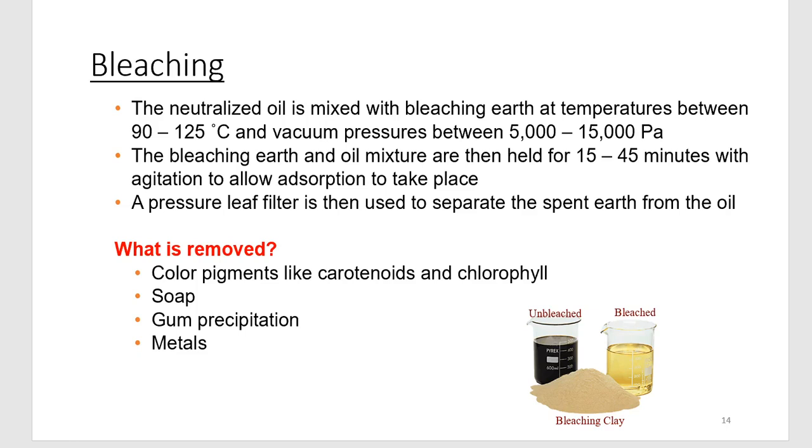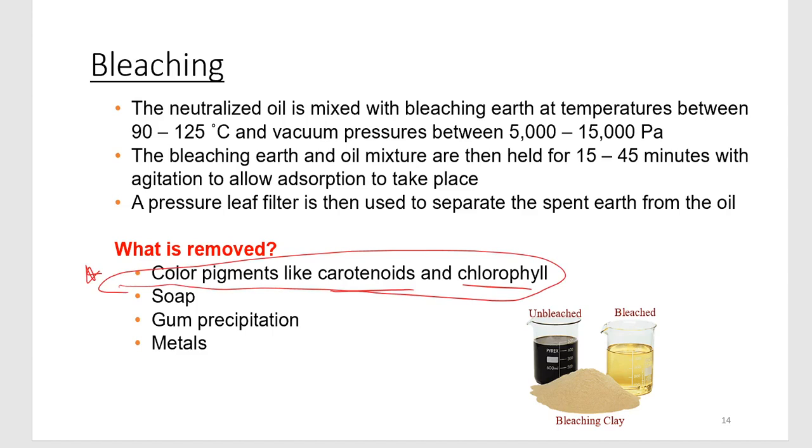The next step is bleaching. As the name says, it's lightening the color of oil, because crude oils contain some pigments like carotenoids and chlorophylls. They might produce undesirable colors. So during bleaching, the main impurity removed is color pigments.